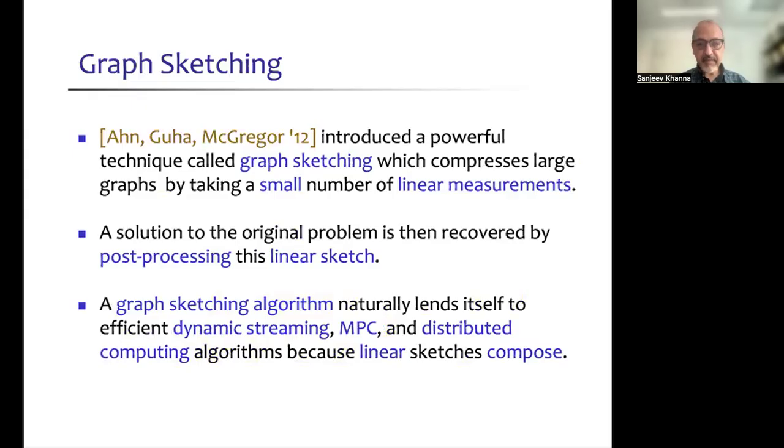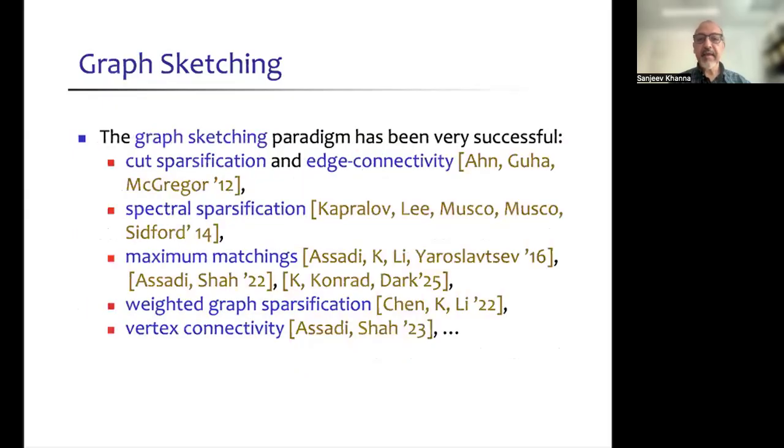Since linear measurements compose together, linear sketches naturally lend themselves to designing dynamic streaming, MPC, and distributed algorithms. And in fact, the graph sketching paradigm has been quite successful in solving a number of interesting problems with a small size sketch, including cut and spectral sparsifications in graphs, matchings, and vertex connectivity.